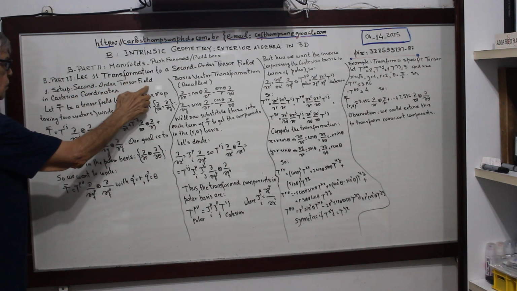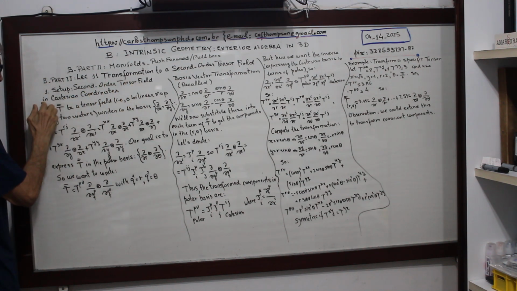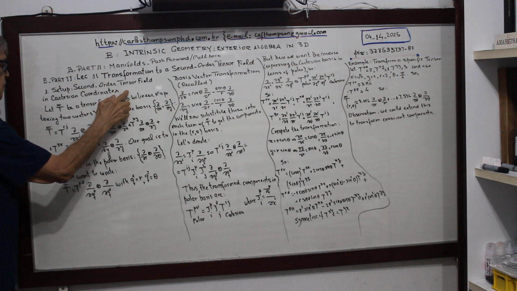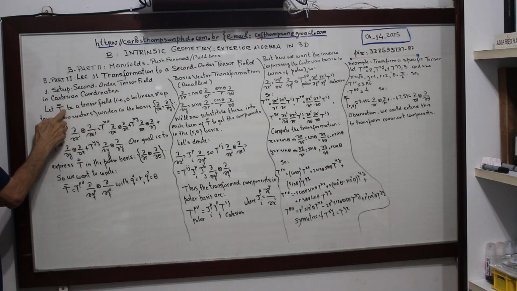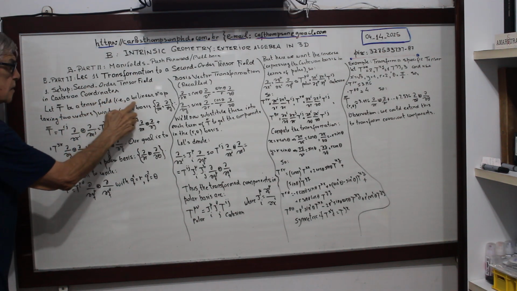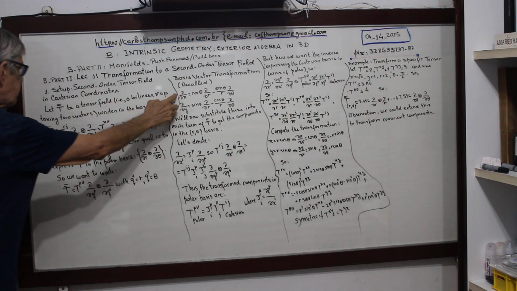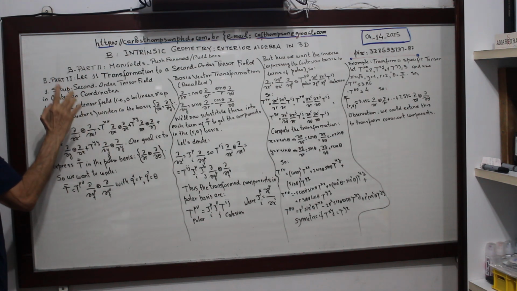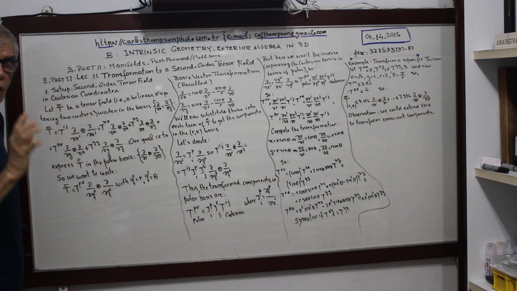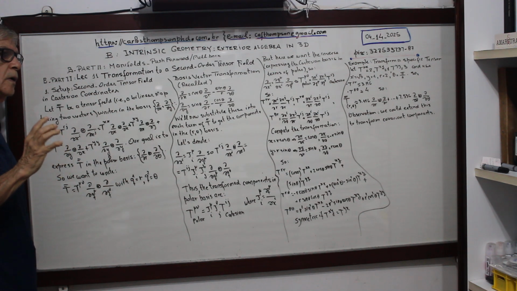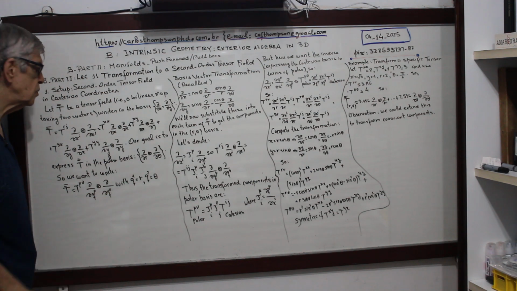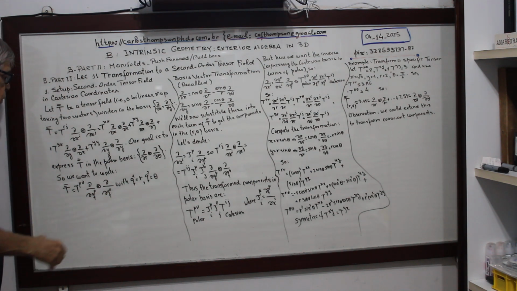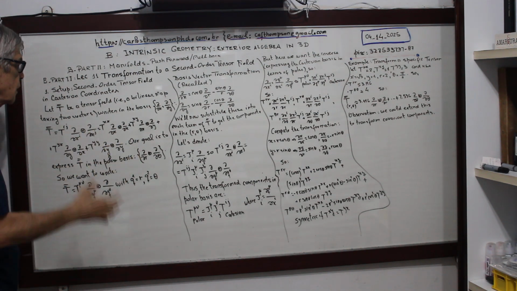You will set up a second order tensor field. This tensor field will be in Cartesian coordinates. Let the second order tensor be a tensor field, that is a linear map taking two vectors. The definition of tensor we emphasized in previous videos, which I showed clearly.